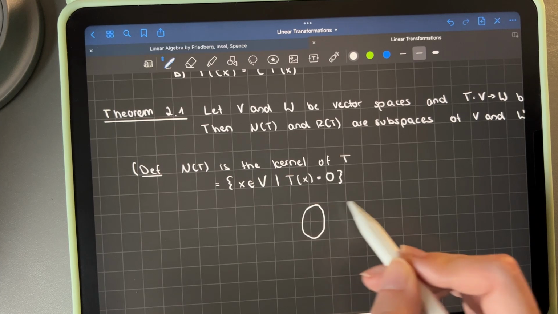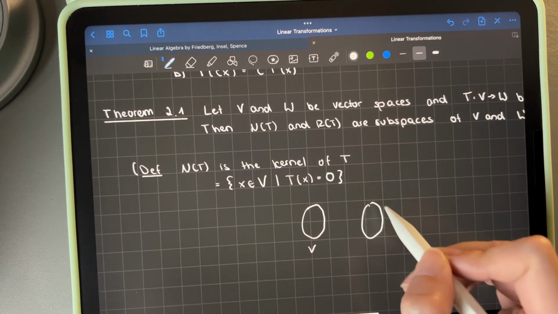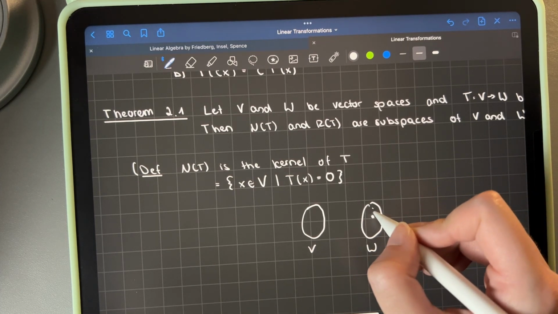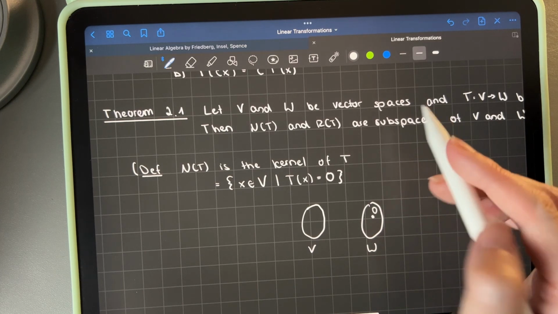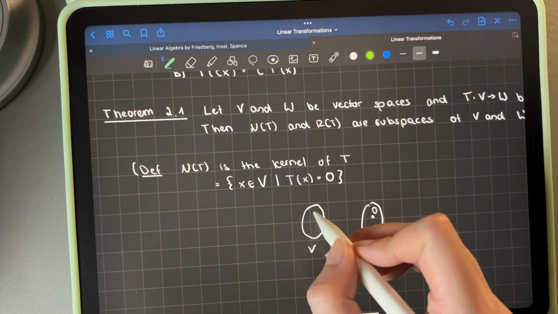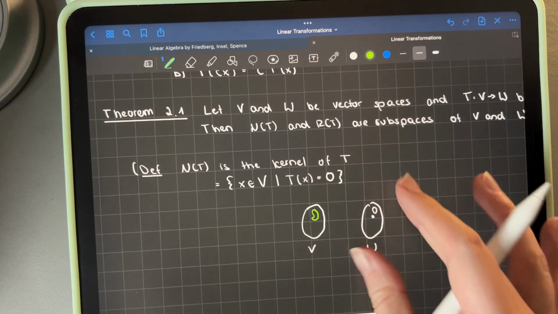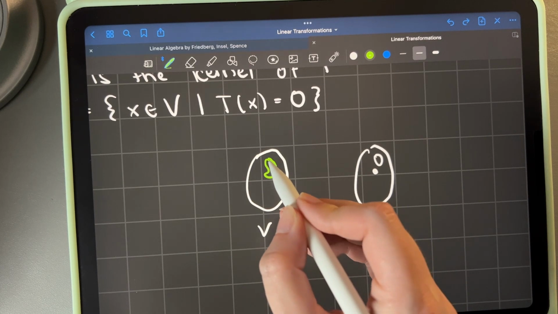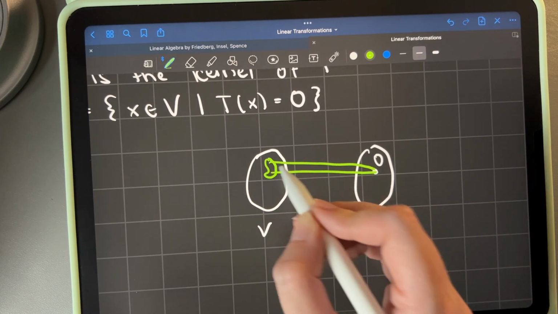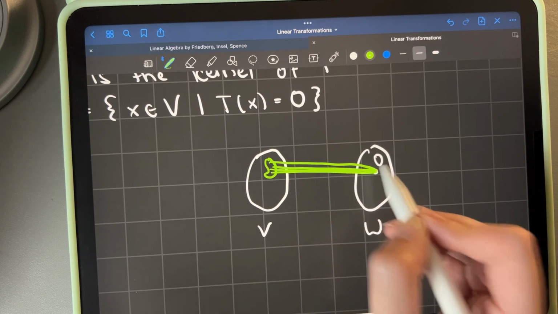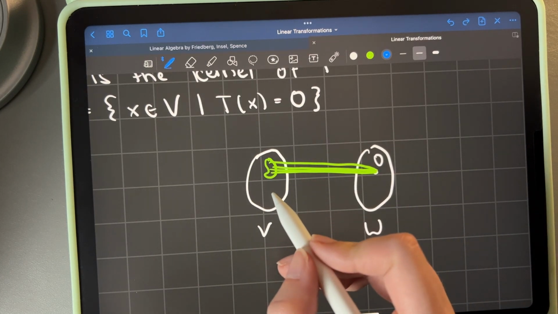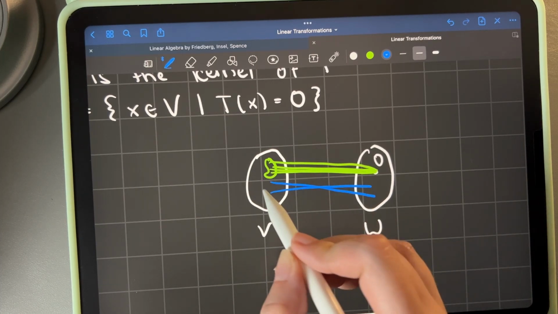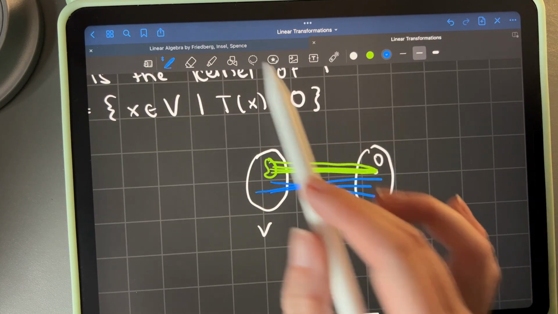So this is V and this is W, and this is our 0 in the target vector space. Then we have a subspace in here where every entry goes to 0. Of course, we also have other entries that go to somewhere else in the target space.